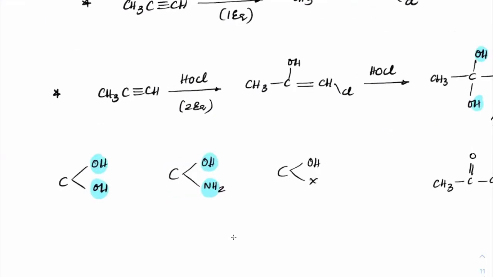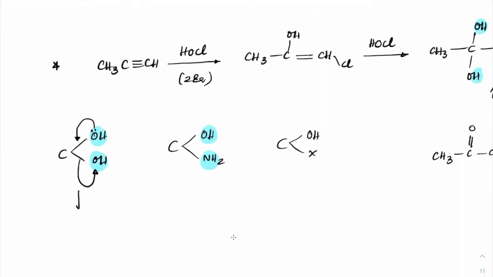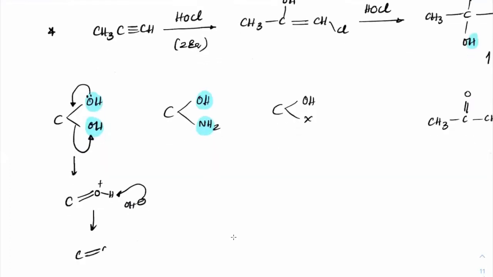So instantly what would happen? The lone pair present on this oxygen will push the electrons towards carbon to ensure it is removing the other OH. So what would happen here, beta? We'll get this as double bond OH plus OH minus. The OH minus will take away this H plus and will end up forming C double bond O. Okay, so the other two bonds are like this. Clear?